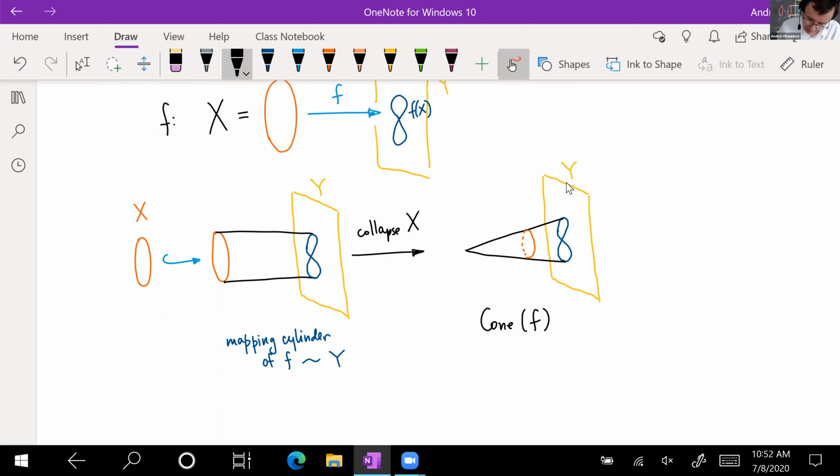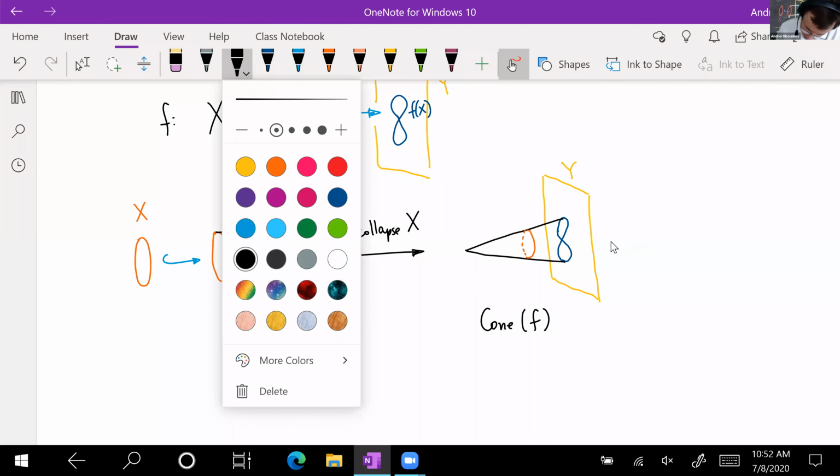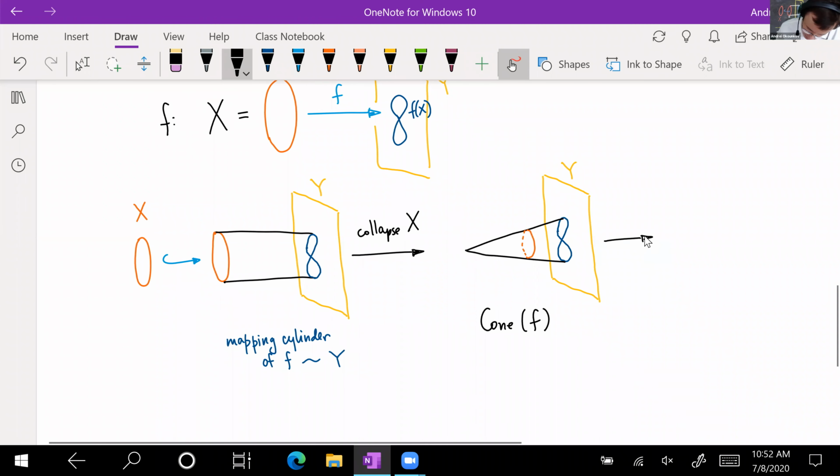So what will happen if we collapse this? The source of this map is y, and we collapse y. Then what will happen? Well, we're going to get a suspension of x, right? We took y and we collapsed it to a point.